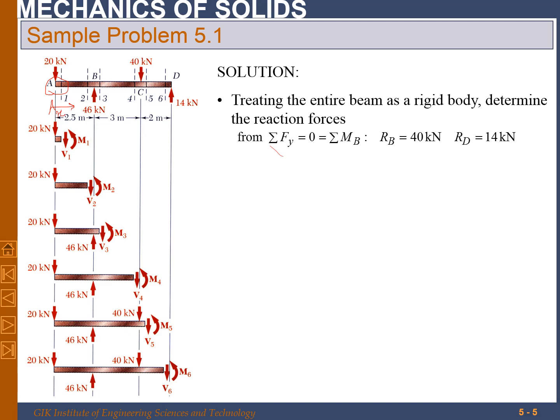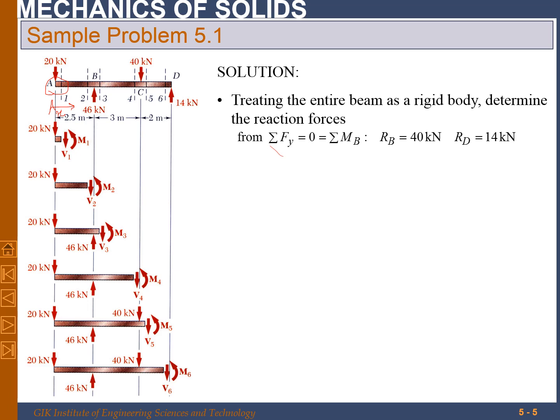It's good to write the expression of moment in terms of x and then put in the value of x, because we need that expression in chapter 9 to find the deflection of the beam. Okay, now we are taking section number 1, just after A, and we draw the free body diagram.